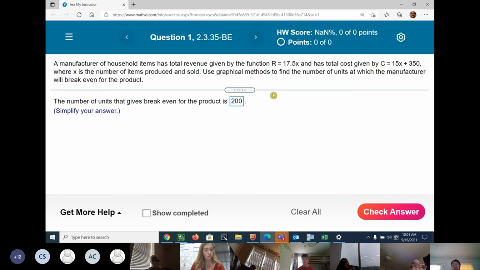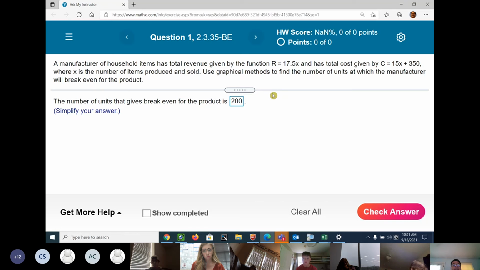So that's revenue. Revenue is what comes in, and cost is what goes out. Profit, you subtract the two. Where x is the number of items produced and sold. So x is equal to units, like widgets.